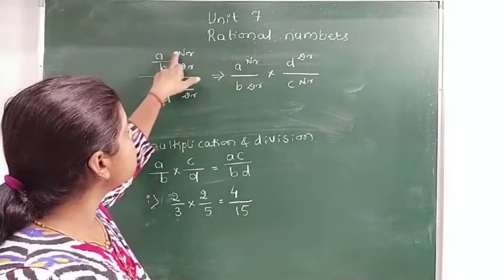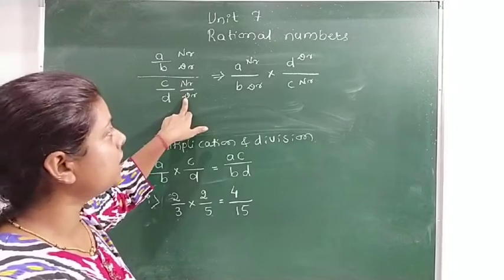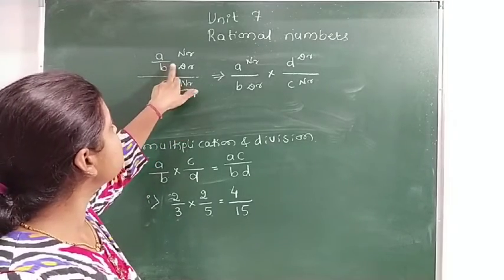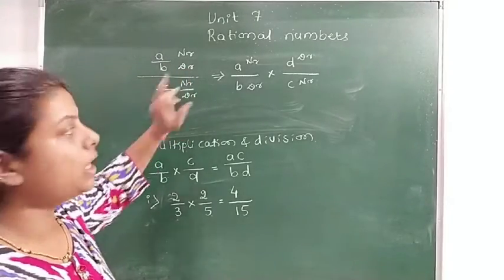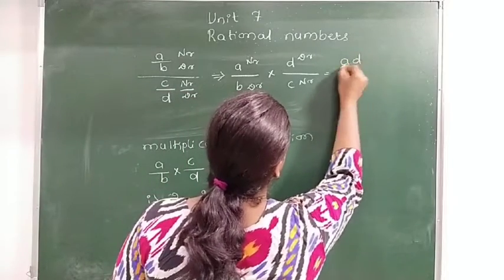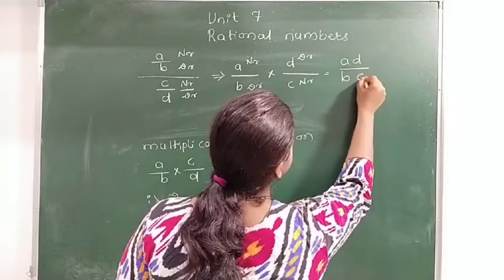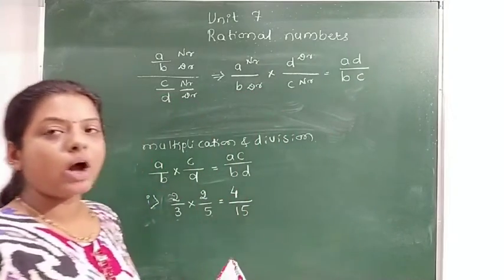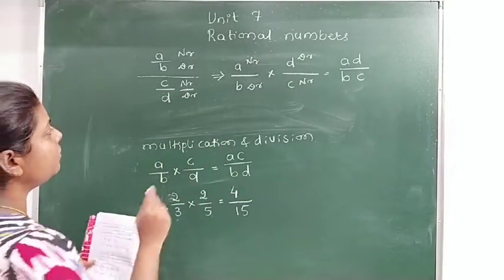Means A, a numerator, is multiplied with the denominator, and B, a denominator, is multiplied with the numerator. This we have to simplify with AD, BC. Like this you have to apply for the division.